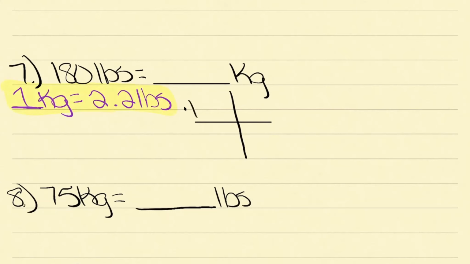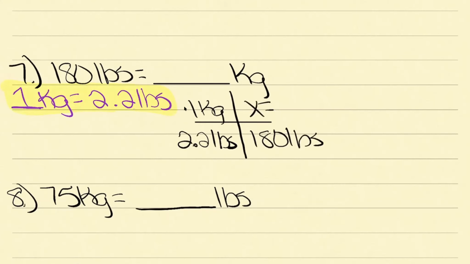So it's going to go on the left side, 1 kilogram, 2.2 pounds. I'm asking about 180 pounds, so that's going to go on the bottom right because I'm matching my units up side by side. And so I'm solving for kilograms.